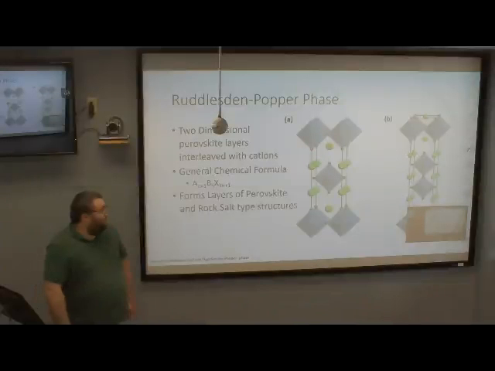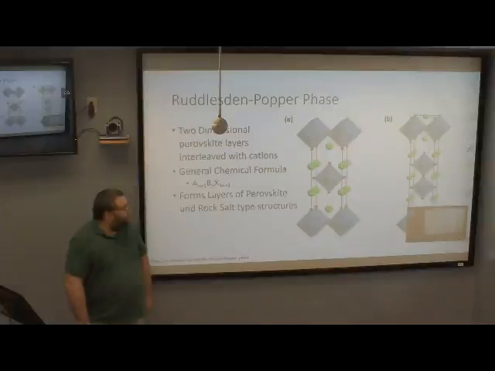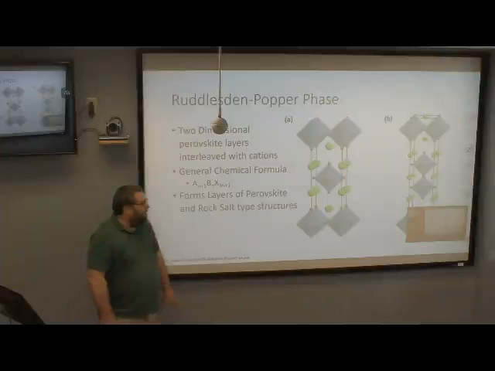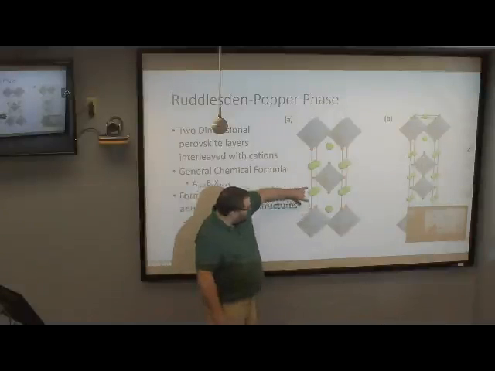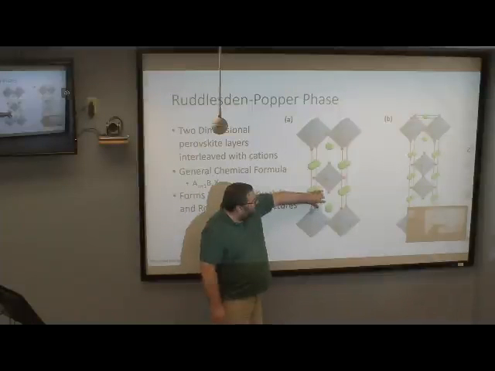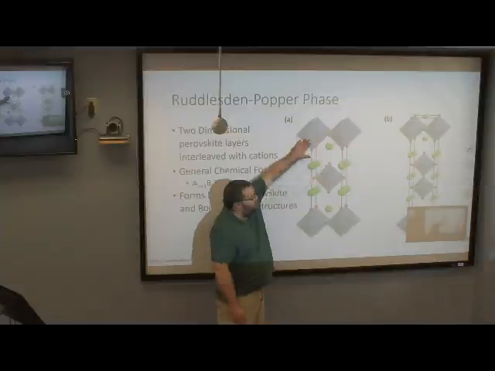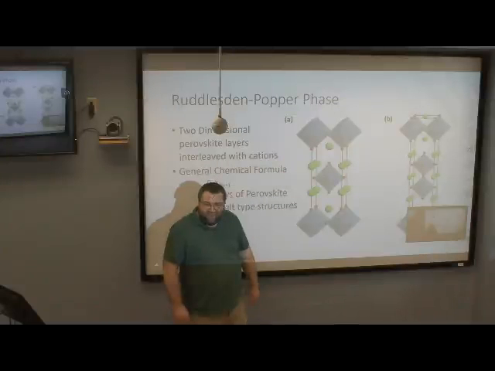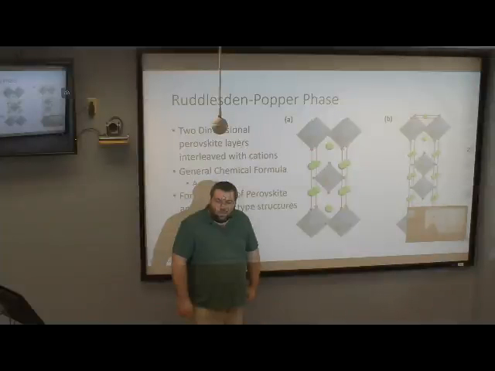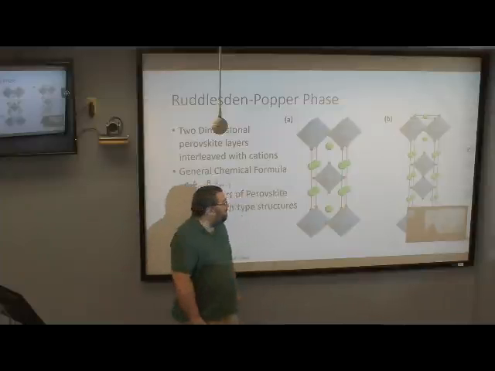So if we look at the model here, we see this rock salt-like layer here, and we have our perovskite layers, which are these diamond shaped. What is the importance of this? What makes this class of materials very special, and why are you talking about these materials today?